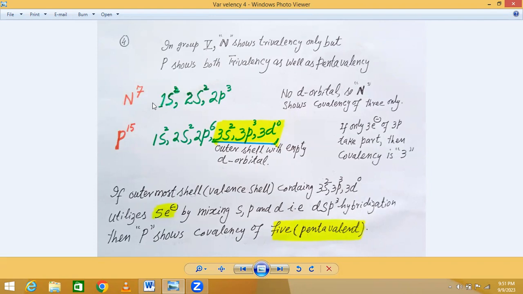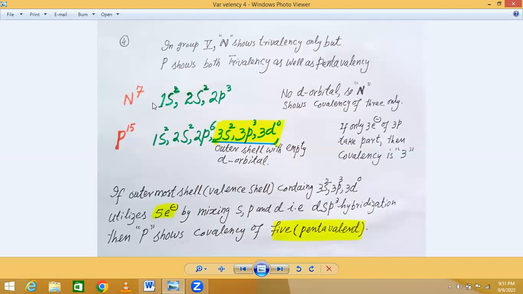So these were some cases showing variable valencies. For example, the attainment of the half-filled configuration, that is a stable configuration, in the case of iron. And we see the variable valency due to the inert pair effect in the case of tin and lead.